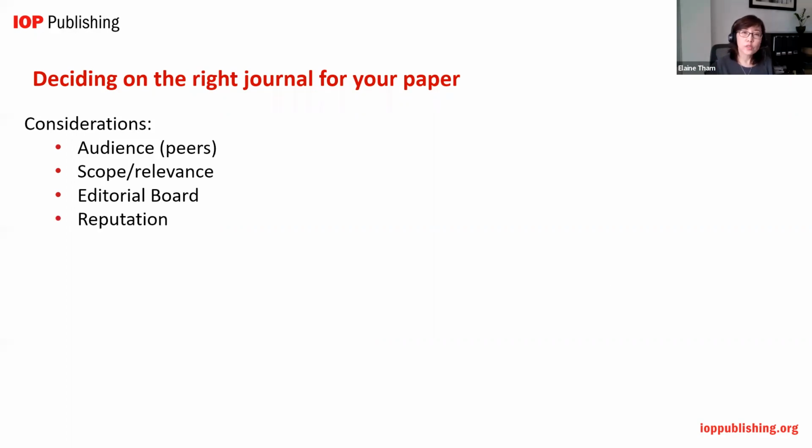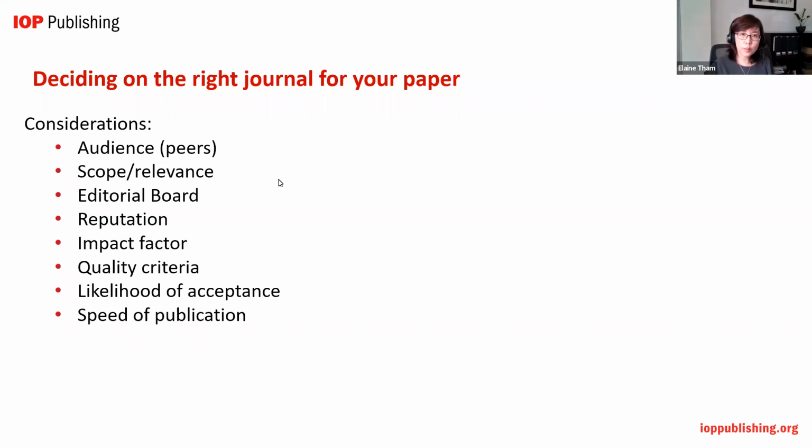You may also wish to look at the impact factor of a journal and understand its position in the field. There may also be other quality criteria for the journal, such as the quality of the peer review. For example, how many reviews does a journal require? What is the acceptance or rejection rate? At IOP, our average rejection rate is around 70%, although we do have journals that are higher or lower in their rejection rates.